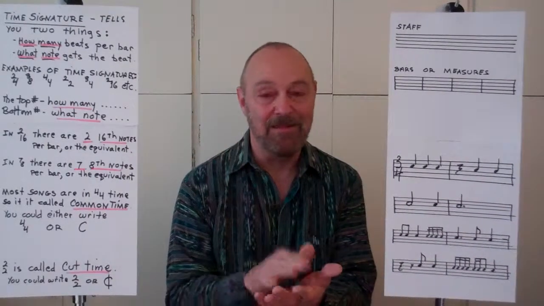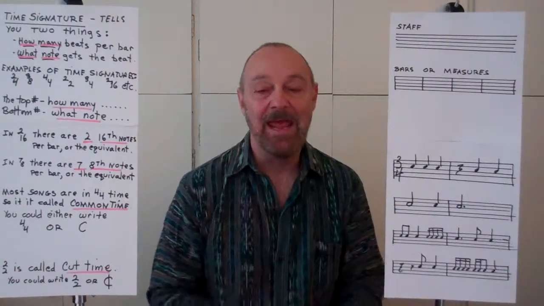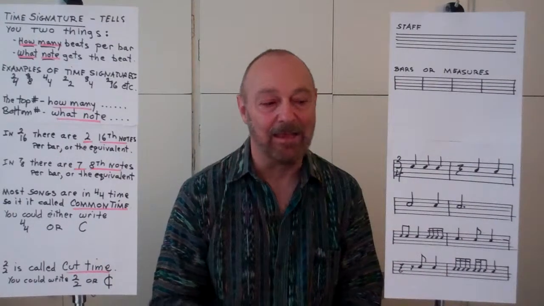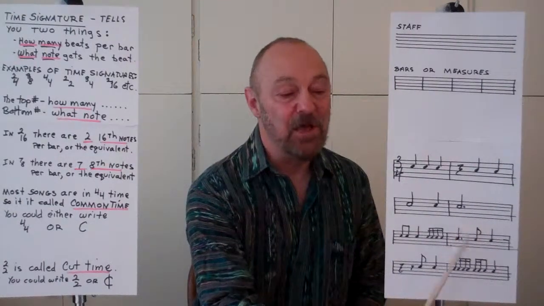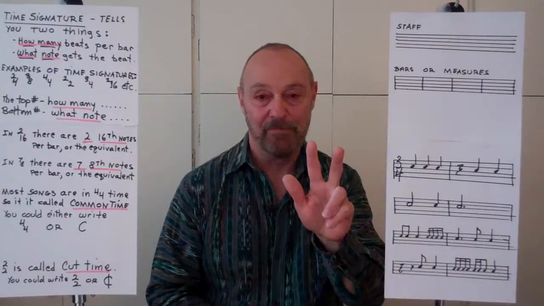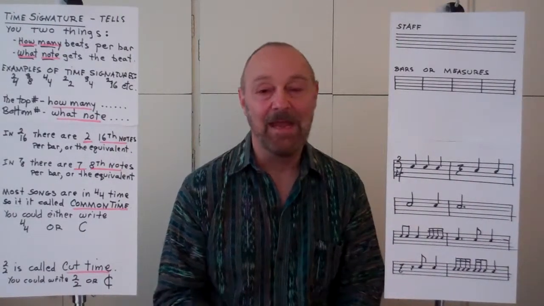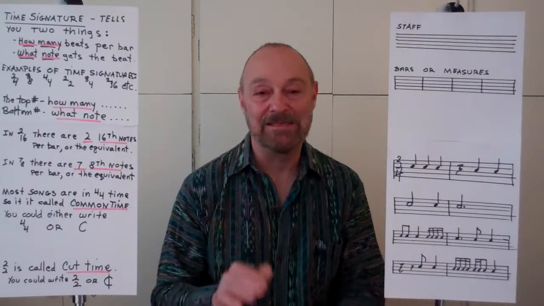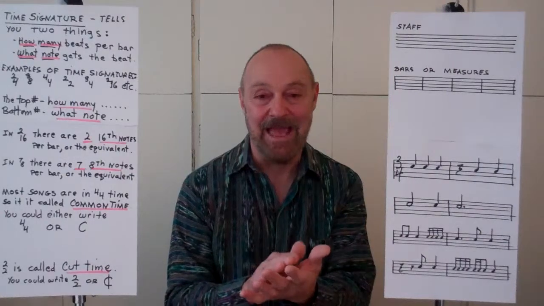What I mean by play is you attack the 1. Any note, no matter how many counts it gets, only gets 1 attack. So this note is starting on 1 and it takes up the 2nd and 3rd quarter. You don't hit 3 times. Any note, regardless of how many counts it gets, only gets the attack 1 time.